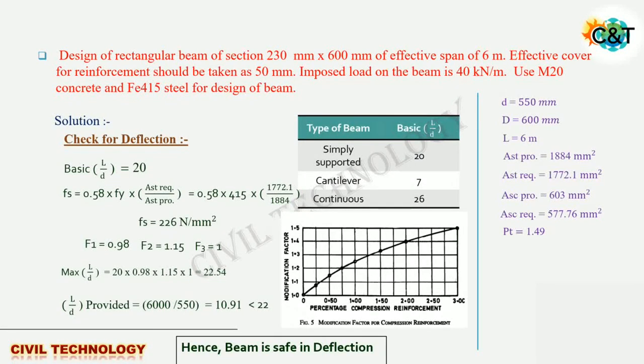So we do not have to worry about the deflection criteria here. Which means our beam is safe all the way, and the reinforcement we provided is perfect for our doubly reinforced beam section.